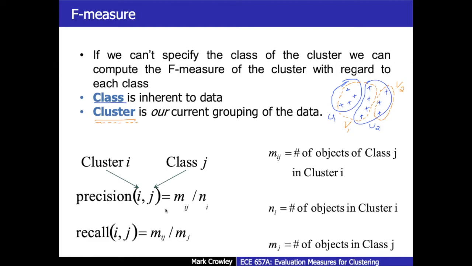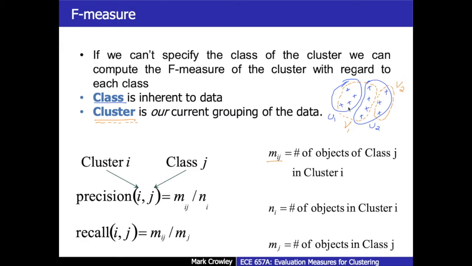Right, so we need a modified version of precision and recall to do this, and so we have this MIJ, which is just going to be the number of objects in the true class J that we also have in our cluster I, right? So we'd say the precision is how many, if you think about that, number of objects in class J that are in cluster I, right?